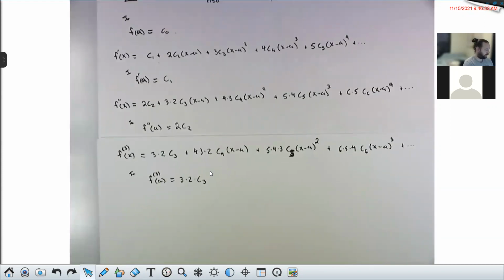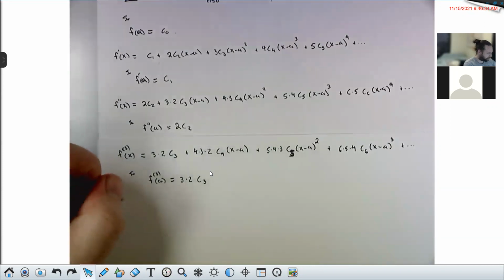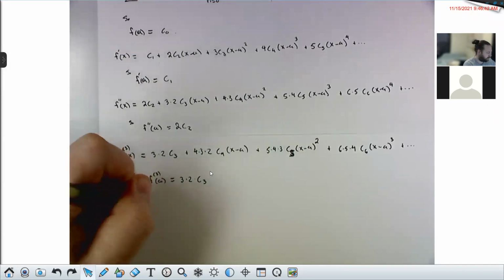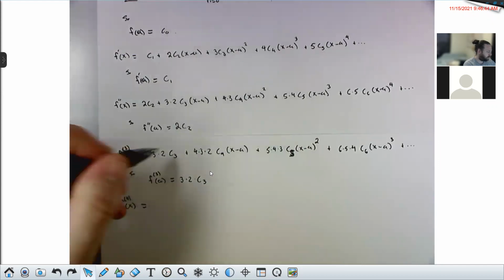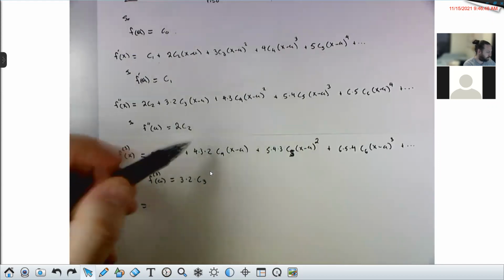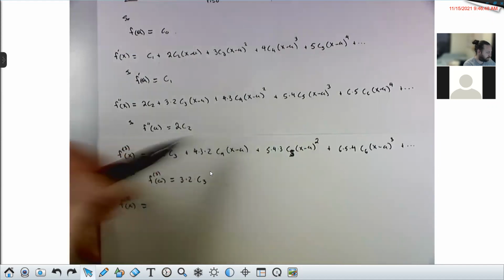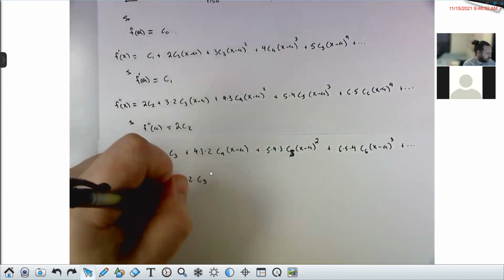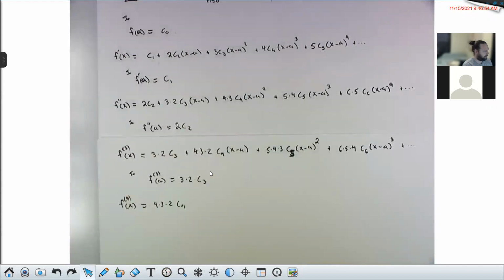All right, we'll do one more. If I differentiate one more time to get the fourth derivative of x, 3 times 2 times C3 is a constant. It will differentiate to 0. 4 times 3 times 2 times C4 times x minus a differentiates to 4 times 3 times 2 times C4.